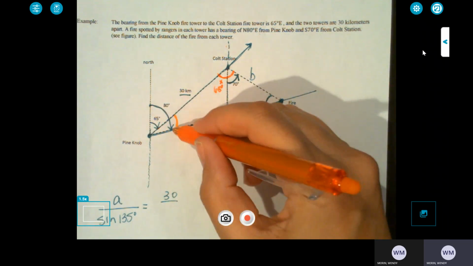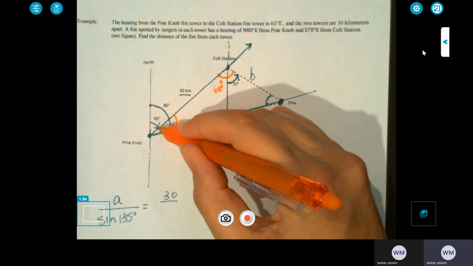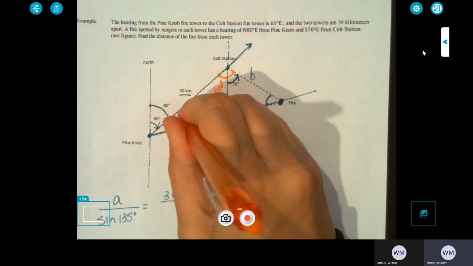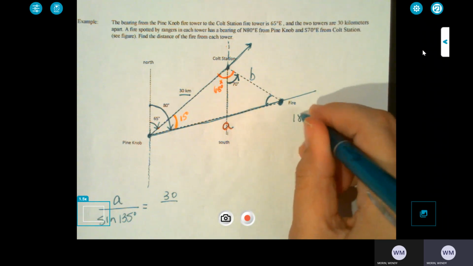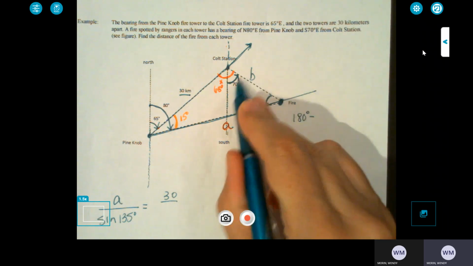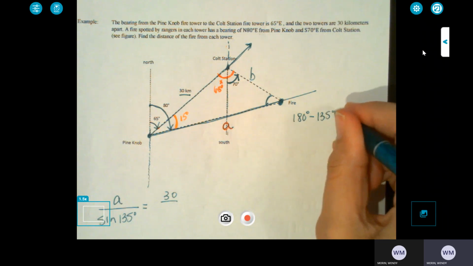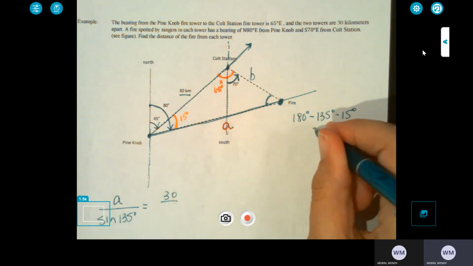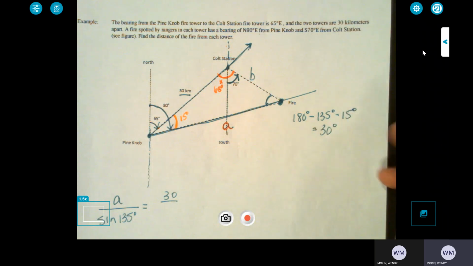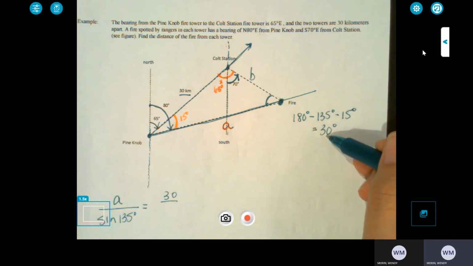Well, from here to here is 80, from here to here is 65, then this little piece right here is 15 degrees. So this angle over here is 180 minus our 135 minus our 15 degrees. That gives you 30 degrees.